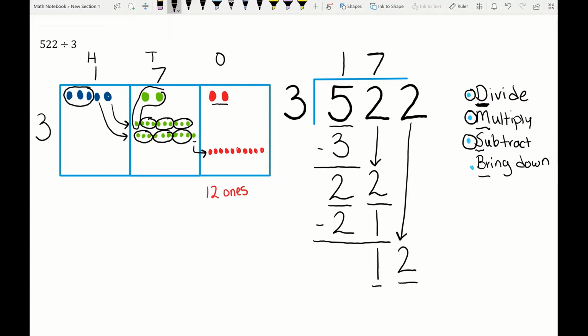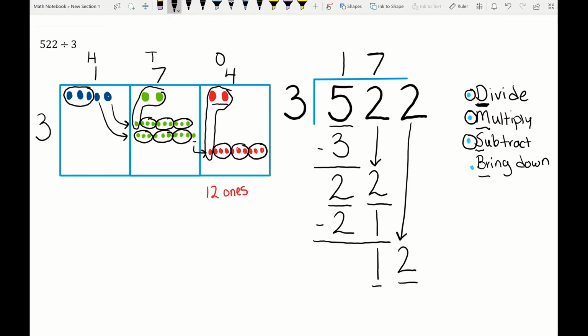I'm going to now divide 12 ones into groups of 3. I divided 12 ones into 4 groups of 3 with no remainders.